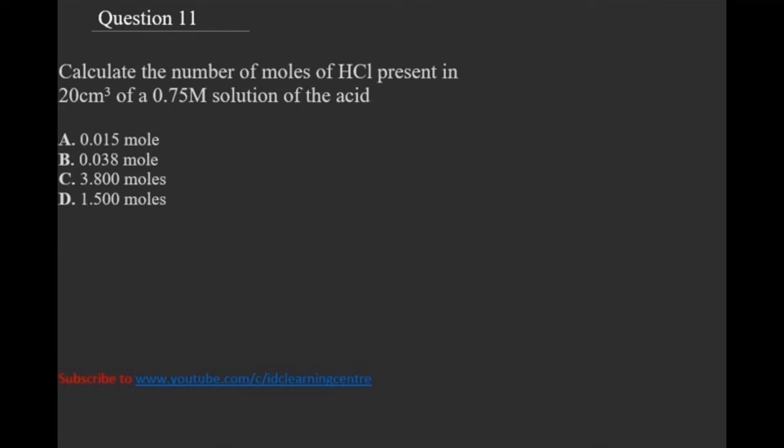So the formula for the number of moles is: number of moles equals volume times concentration over 1000.